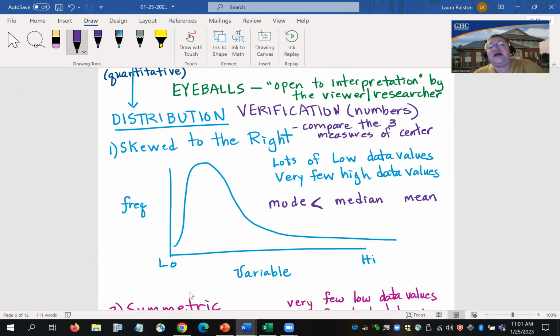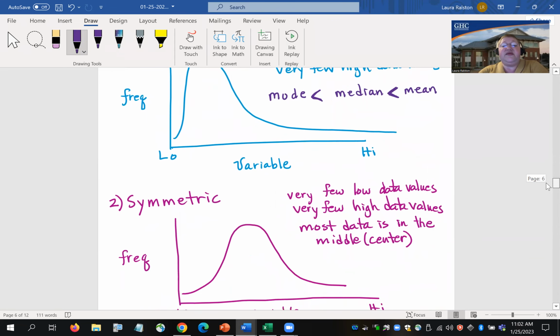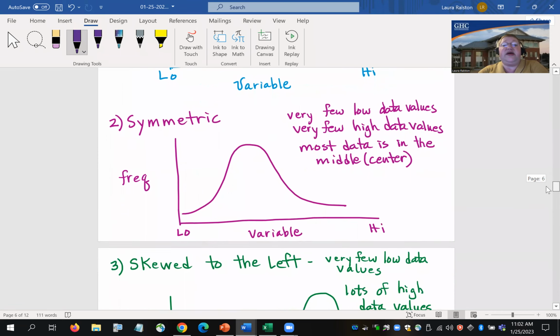The median is smaller than the mean. That is skewed to the right. If you think about ranking them, mode is smallest, median is in the middle, because remember, it's the middle value, and then the mean. So I can compare those. And we'll do that in a little bit.